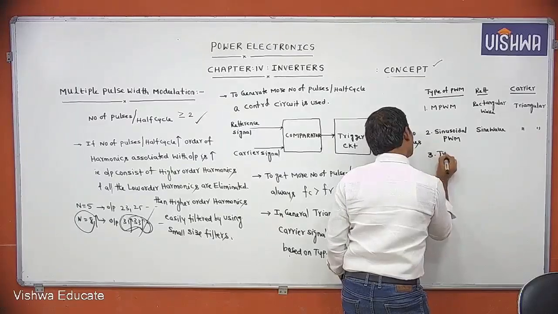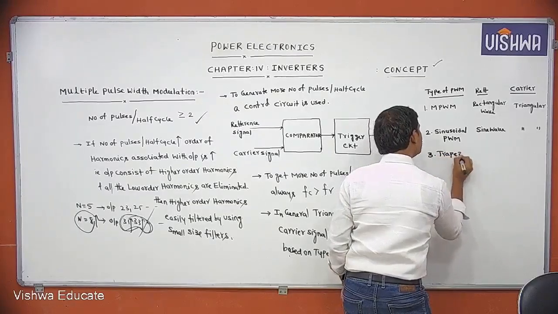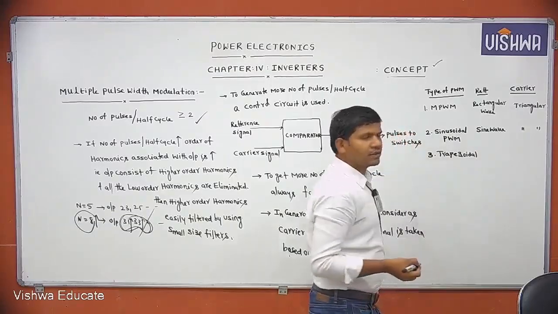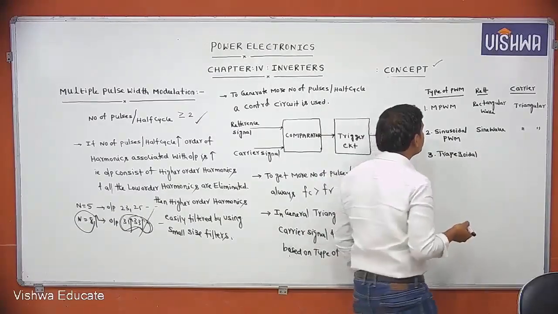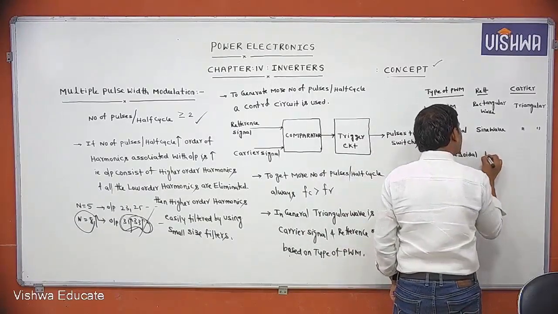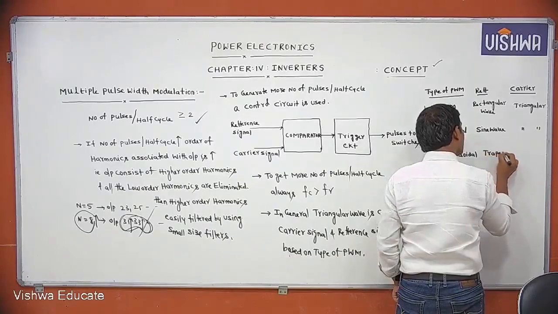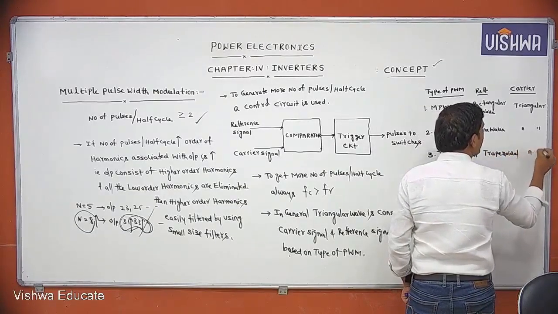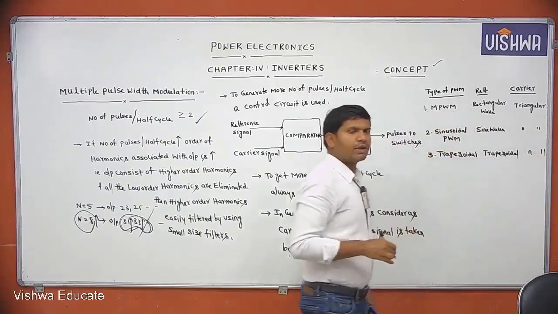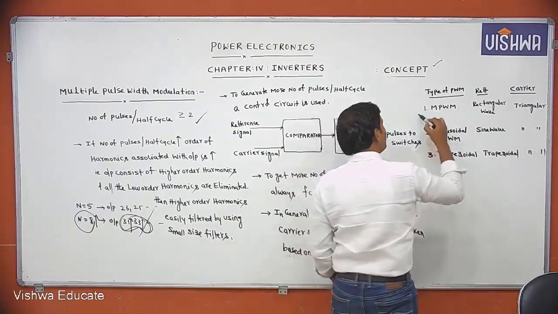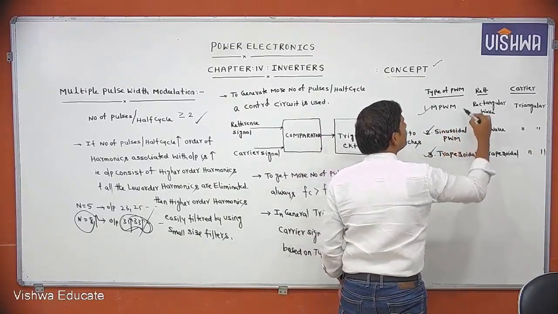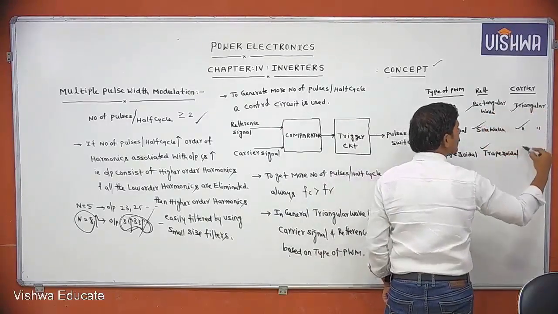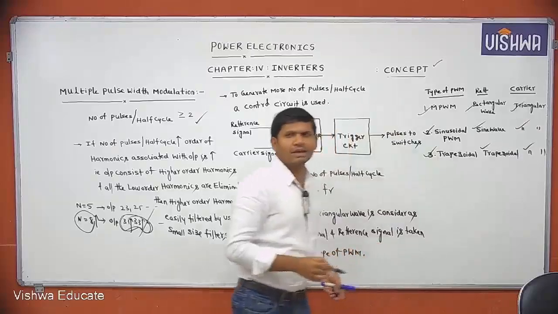If it is trapezoidal pulse width modulation, the reference is trapezoidal, and the carrier is triangular. Based on the type of pulse width modulation, the reference signal changes, but always the triangular wave is the carrier signal.